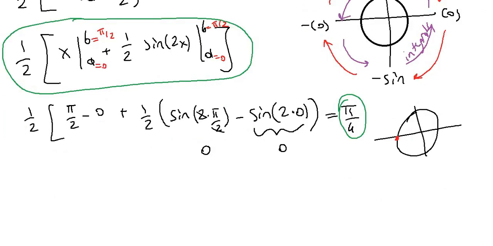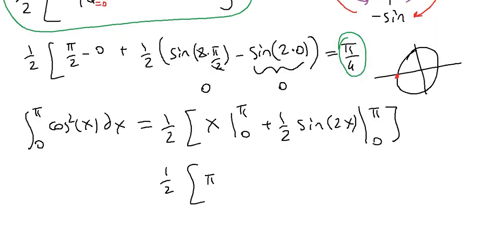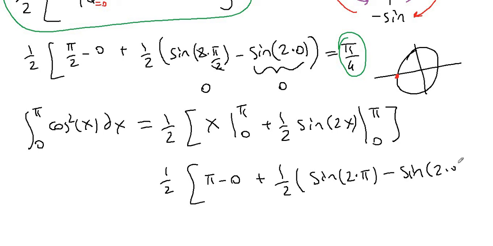What if we had the integral from 0 to pi of cosine squared of x? Let's use the antiderivative we derived, which is 1/2 times x from this time 0 to pi plus 1/2 sine of 2x from 0 to pi. Upper boundary pi minus lower boundary 0, plus 1/2 times, instead of x we plug in pi, and instead of x we plug in 0.